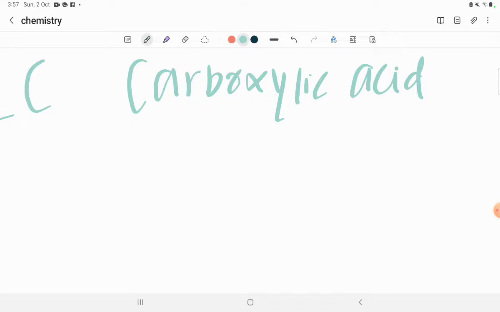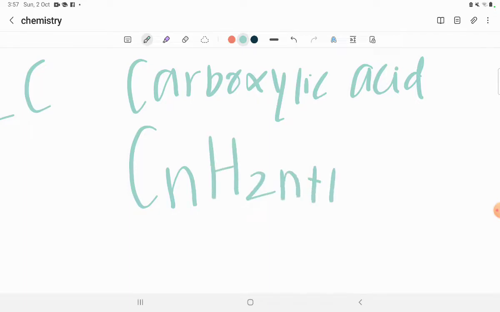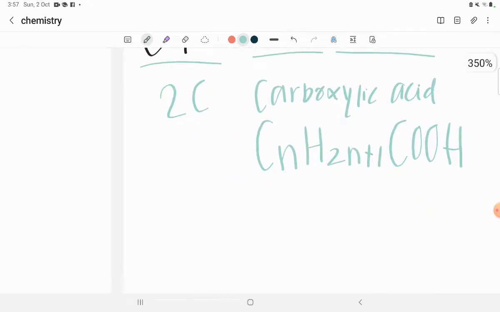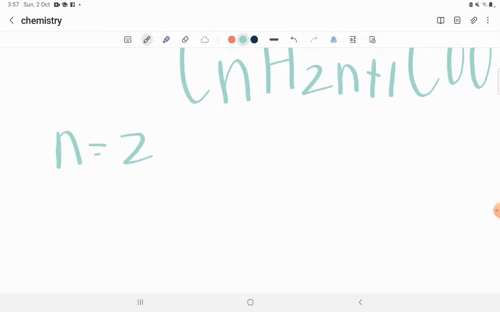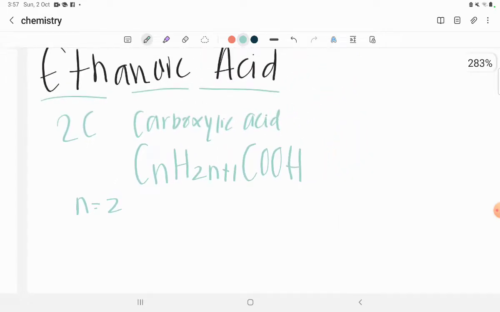Carboxylic acids: CnH2n+1COOH. Since there are 2 carbons, n will be 2 in this case, so we just apply the formula.